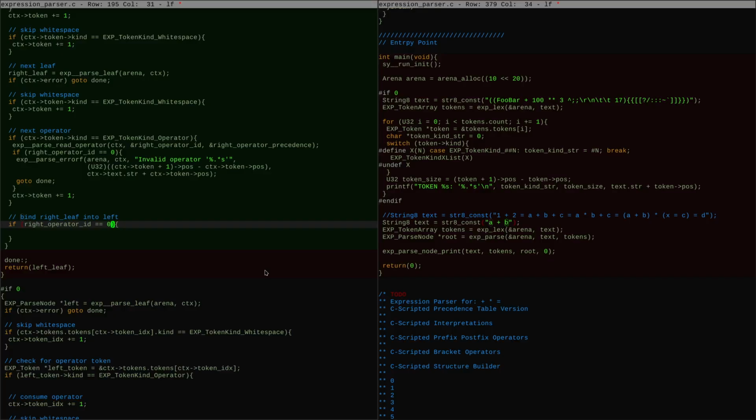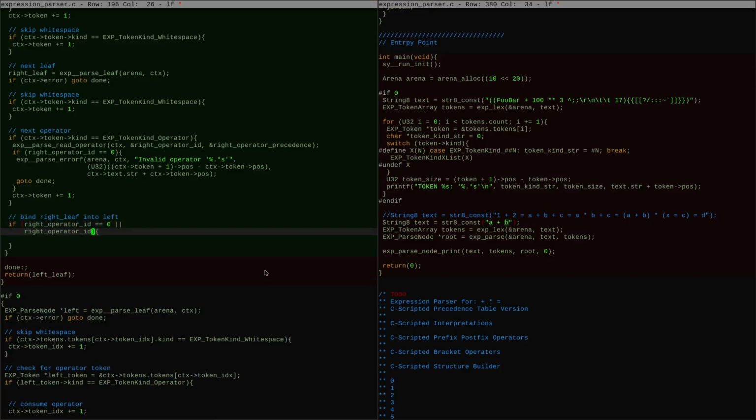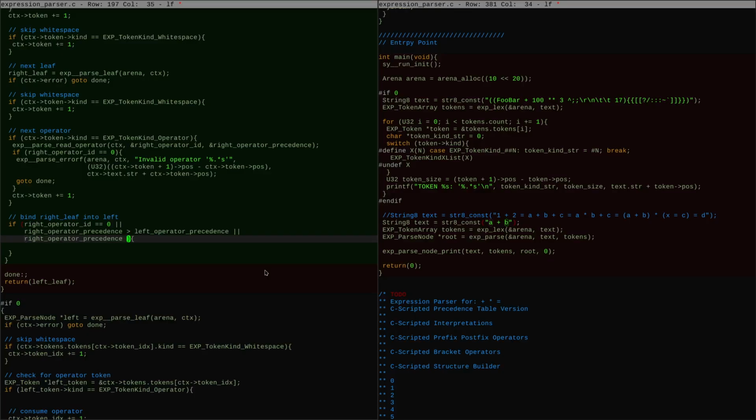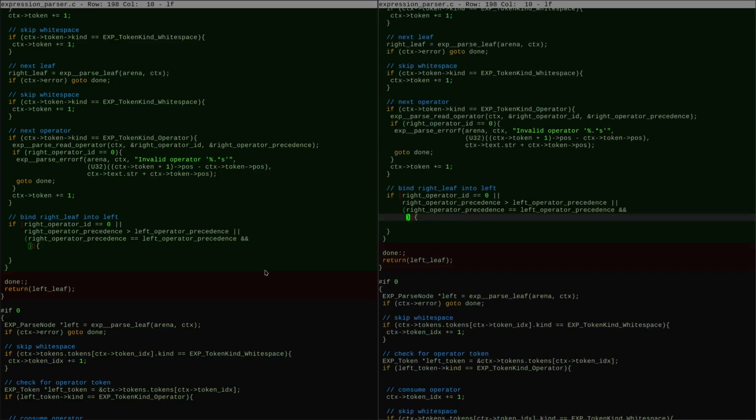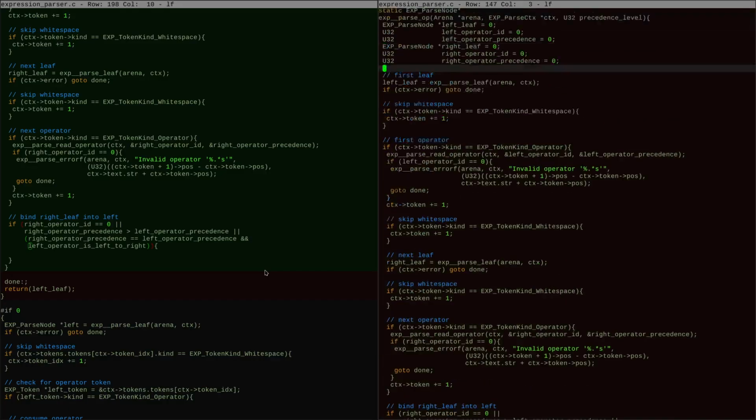So this happens if the right operator ID equals 0, or if the right operator precedence is greater than the left operator precedence, or if the right operator precedence is equal to the left operator precedence and the operator precedence is like left to right, left operator is left to right. Okay. So left operator is left to right.